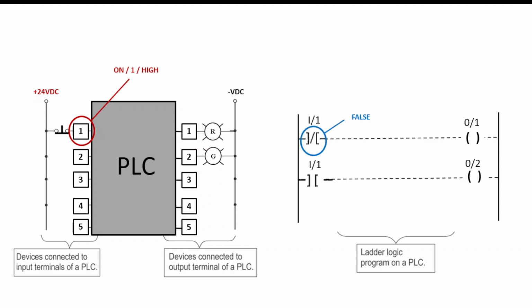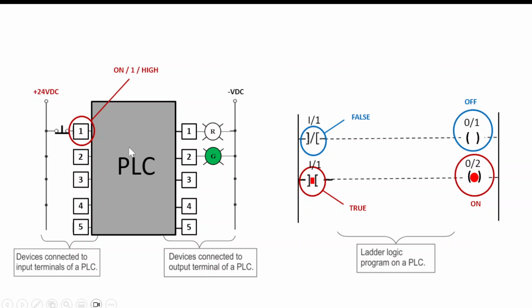Right now, we should see that this top discrete input symbol is false, and that's because there is voltage being applied to terminal 1 right now by the normally closed push button, and the output 1 is then off, and that's because this is false. If we take a look at the next rung down, this is true, and the output should be on. And it's true because voltage is being applied to input 1.